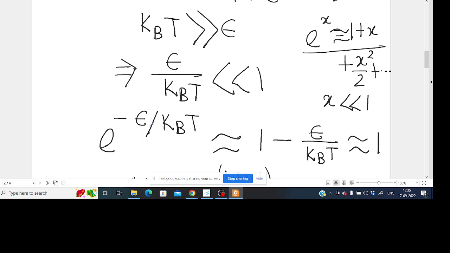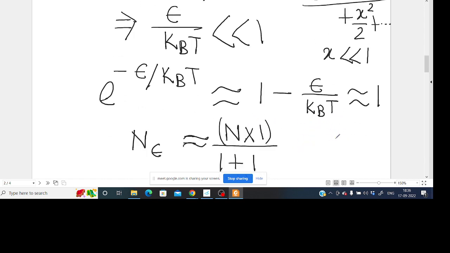So e to the power minus epsilon by kBT can be approximated as 1 minus epsilon by kBT, and if you go to the extreme high temperature limit, when T tends to infinity or epsilon by kBT much smaller than 1, in that limit you can also approximate it by 1. You can also neglect the second term, I mean the epsilon by kBT term.